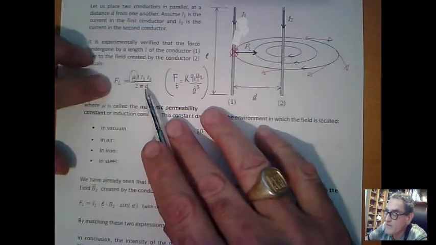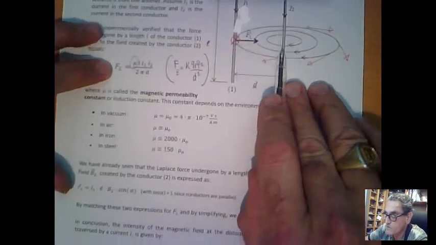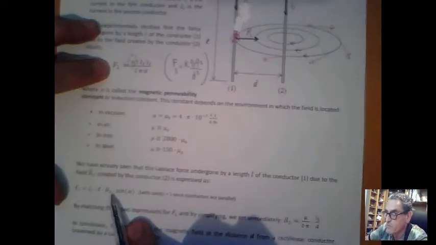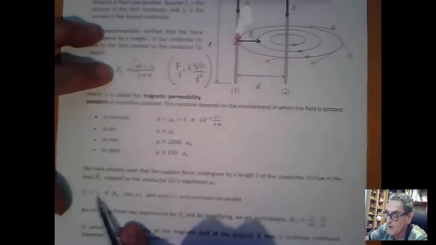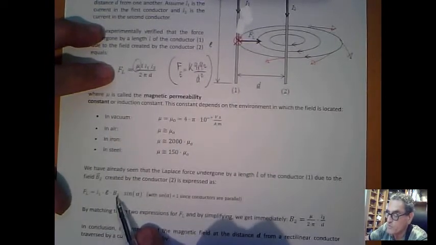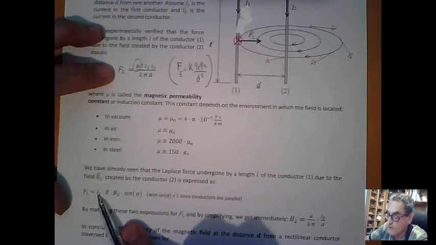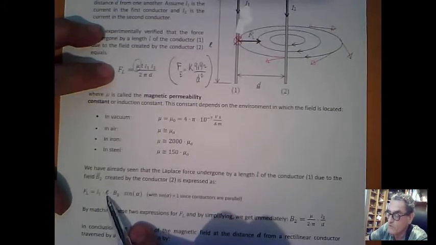So here we have an expression for the Laplace force between two conductors. But we know that the Laplace force is also given by this expression. This is the Laplace force acting on wire number 1. So it's the current flowing inside wire number 1 times the length of wire number 1.